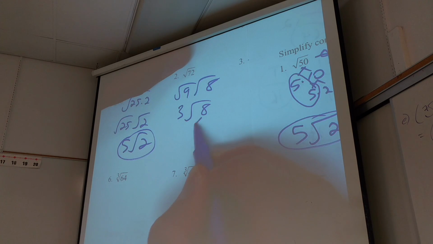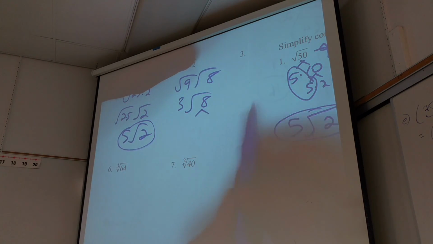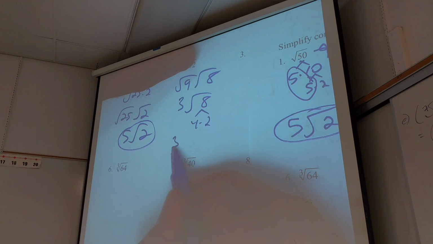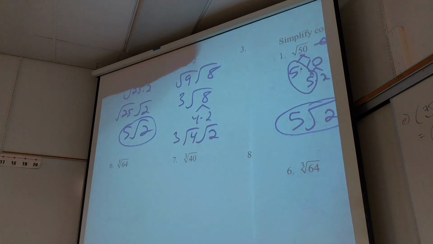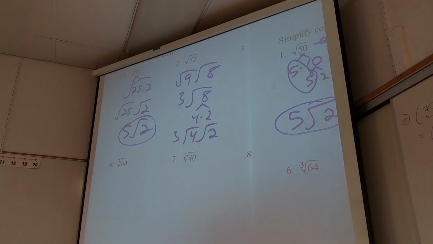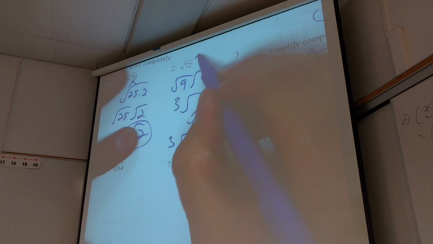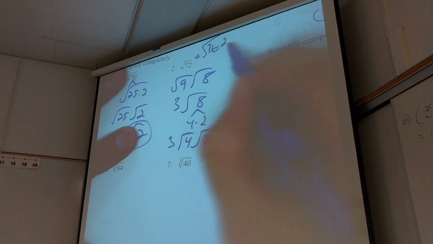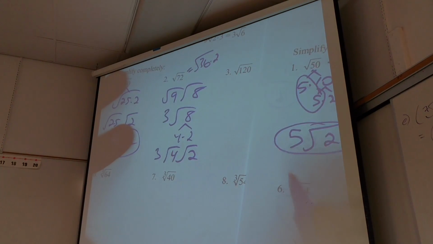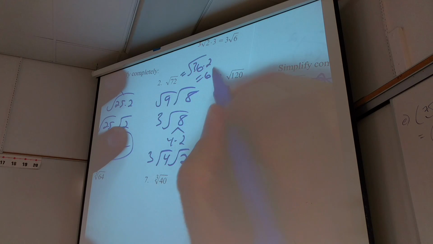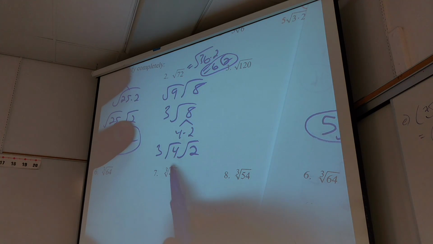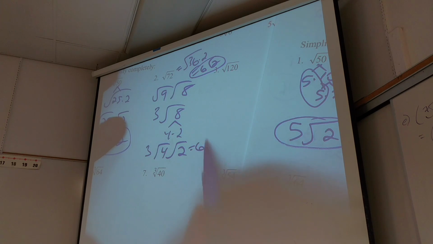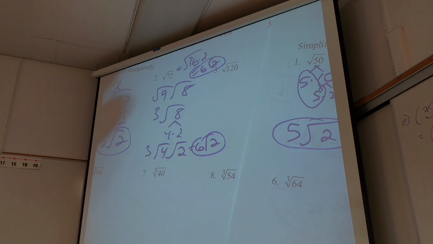Square root of 8, I don't know, but 8 is 4 times 2. So it's just like reducing a fraction and not reducing enough on the first step. So what could I have taken out of 72? I could have written 72 as 36 times 2. And then I would have gotten 6 square root of 2. But I'm going to get there eventually. What's square root of 4? 2. Times 3? 6. So I do get 6 square root of 2. Just took me a little while.